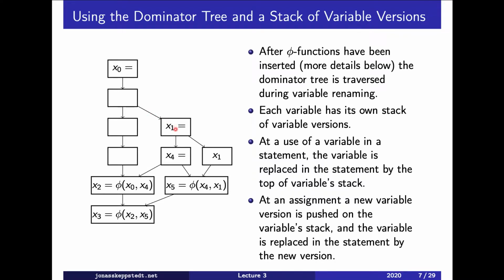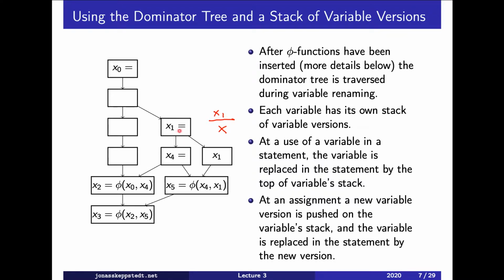What we use, as we will see, is a stack. So when we come to an assignment, actually we draw the stack here. Each variable has a stack, and when we come to this assignment, actually that assignment is not present in the intermediate code, so we will never see it. But when we come to this assignment, we push x1 there.